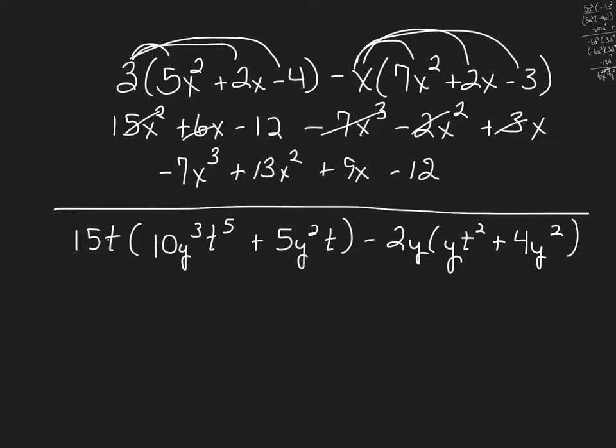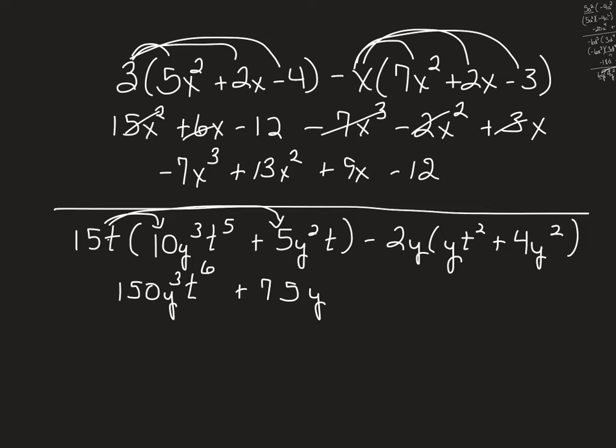So again, we simply use the distributive property. 15t times 10y cubed t to the fifth. 15 times 10 is 150. Y cubed t to the 1 plus 5 is 6. Plus 15 times 5. 5 times 5 is 25. Carry the 2. 5 times 1 is 5 and 2 is 7.